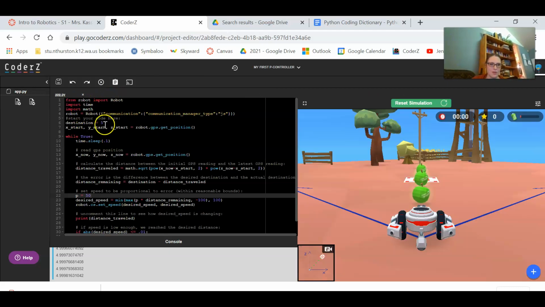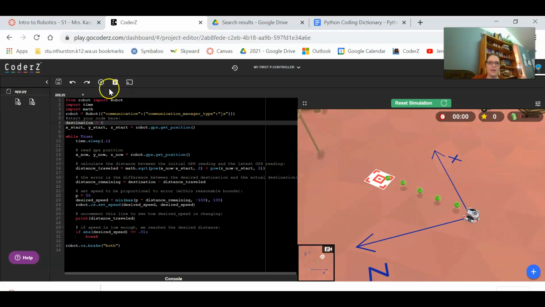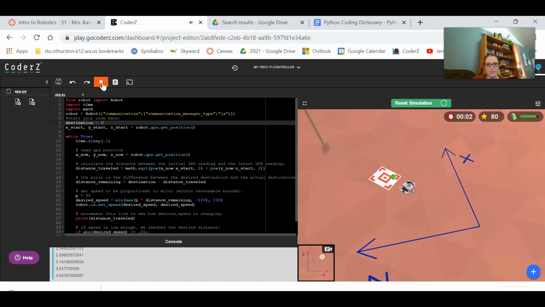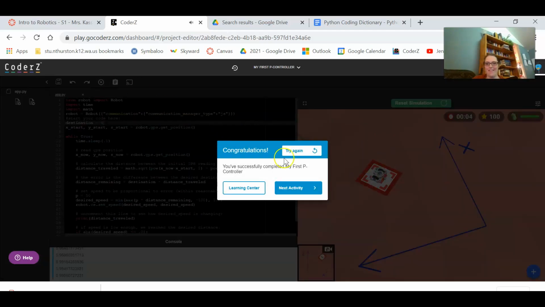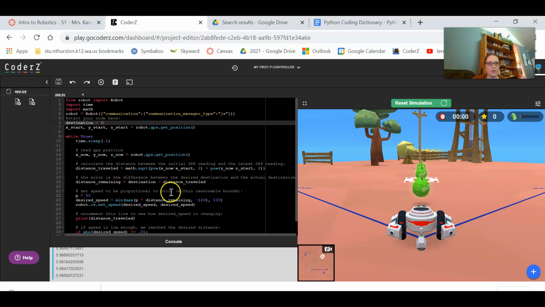So I'm going to go ahead and plunk this up to 6 and see if that does what I want it to do. Yeah, that feels good. Okay, I'm going to click try again so you can see my code right there.